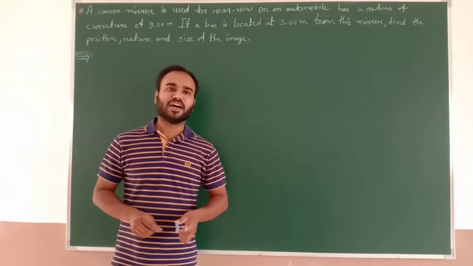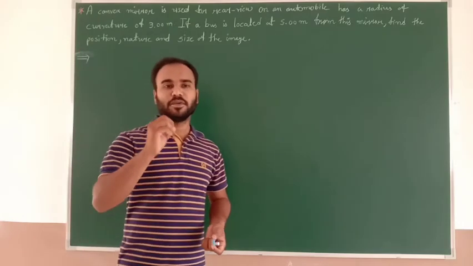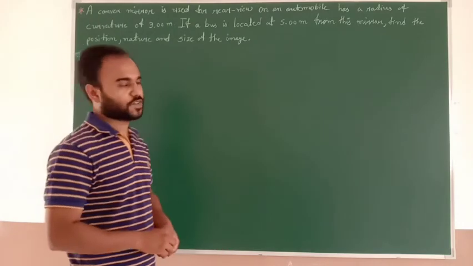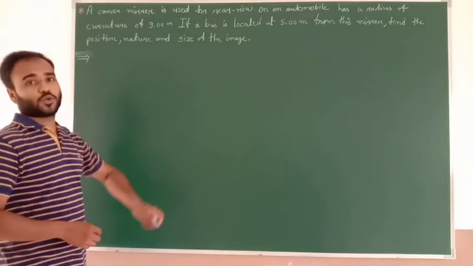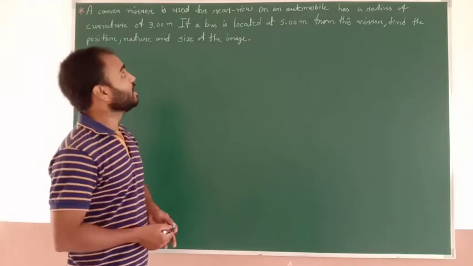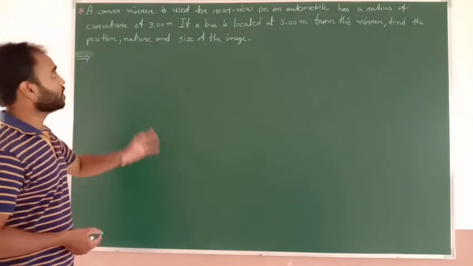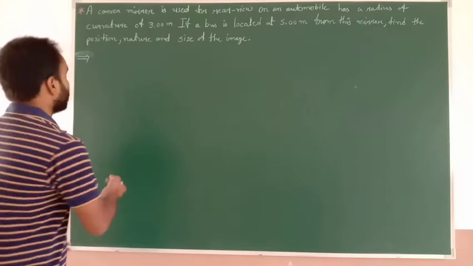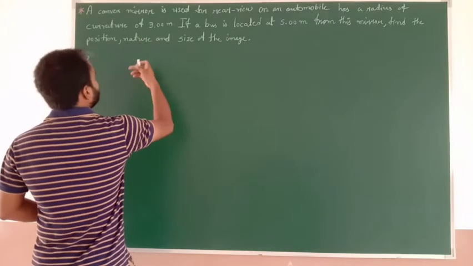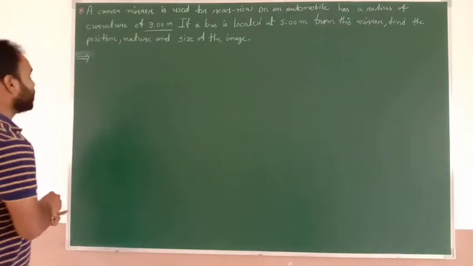Okay, now we'll solve a sum on the basis of the mirror formula and magnification of spherical mirror. So here the question is given that a convex mirror used for the rear view on an automobile has a radius of curvature of 3 meter.